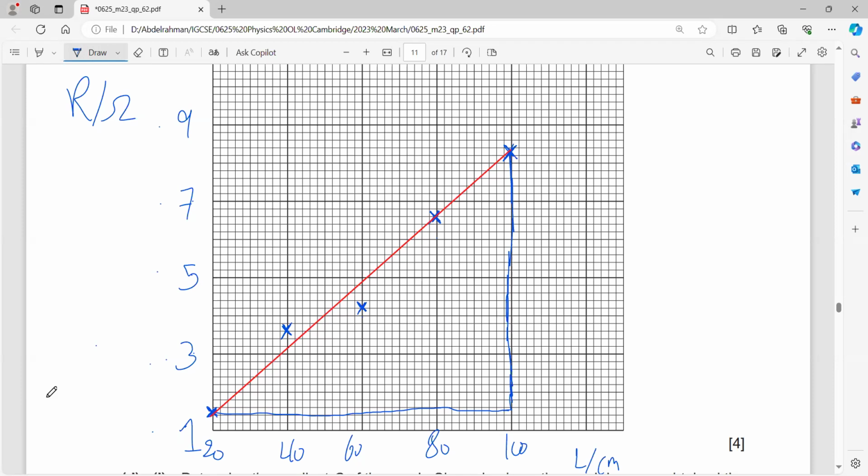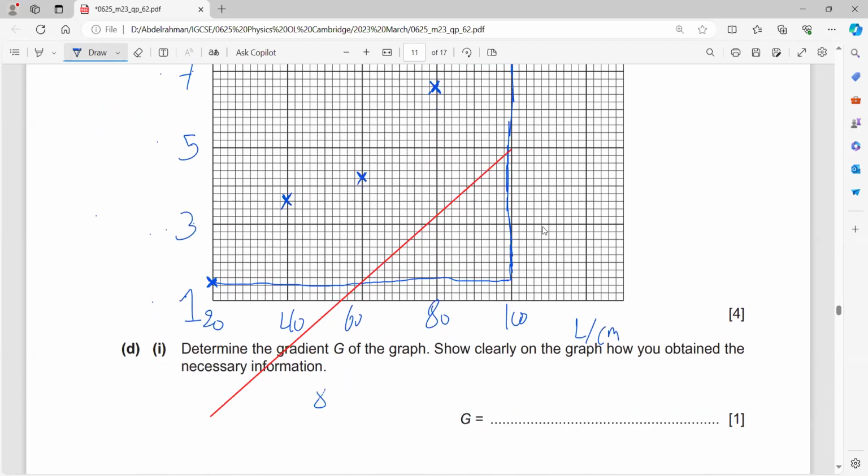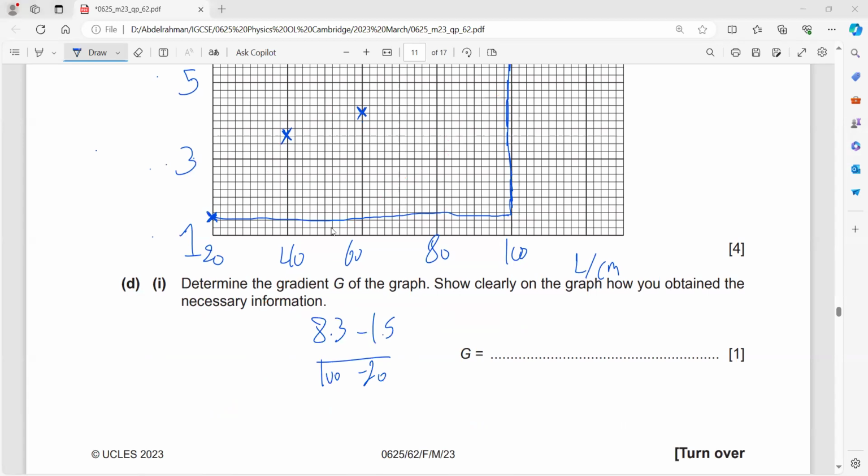And then I will calculate y2 minus y1 over x2 minus x1. 8.3 minus 1.5 over 100 minus 20. Calculate the answer, please. 0.085.